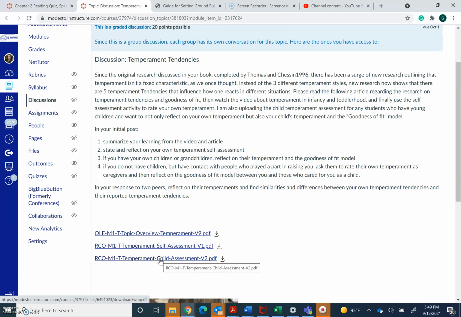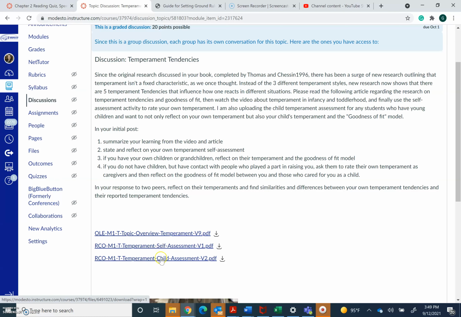So look at some of these questions and score the child on each of the different components of the different temperaments. And then what I'd like you to do is do a self-temperament assessment. So what kind of temperament do you think you connect with? And then I'd like you to make a comparative analysis.